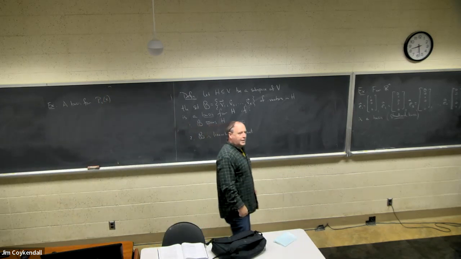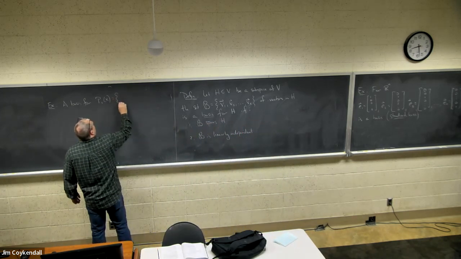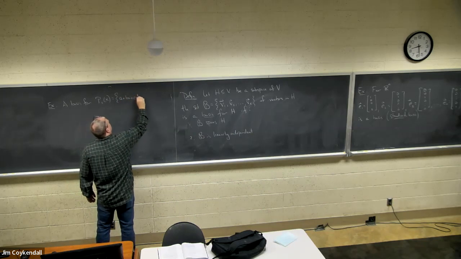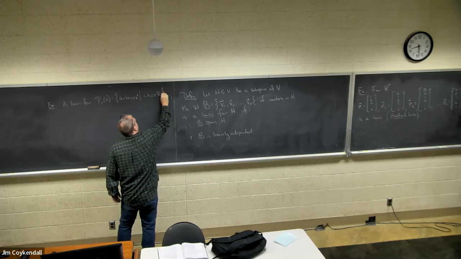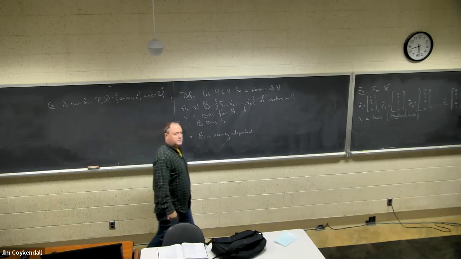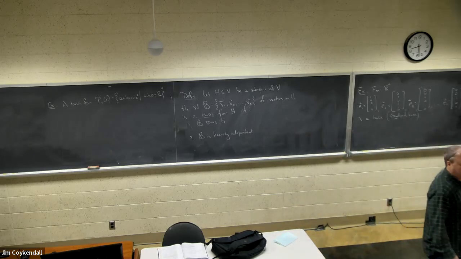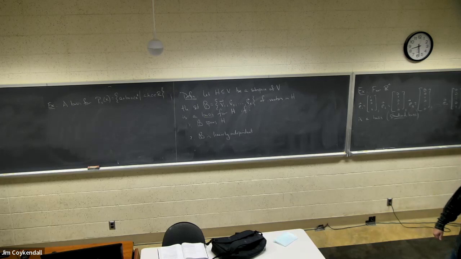Anybody want to guess what a basis for P2(x) is? Let me quickly remind you, this is the set of all polynomials of degree 2 or smaller. I want you to guess a basis for this one. Columns of the... You're being too sophisticated.